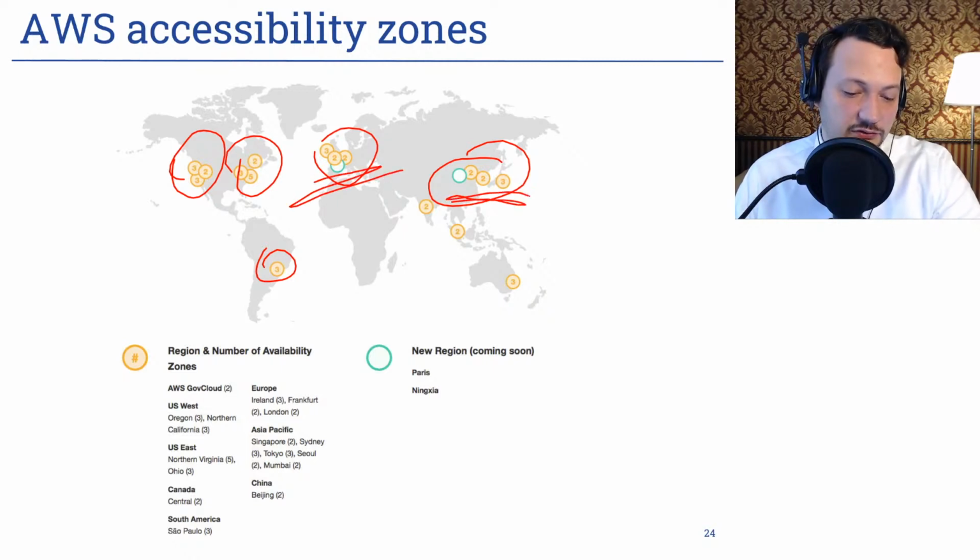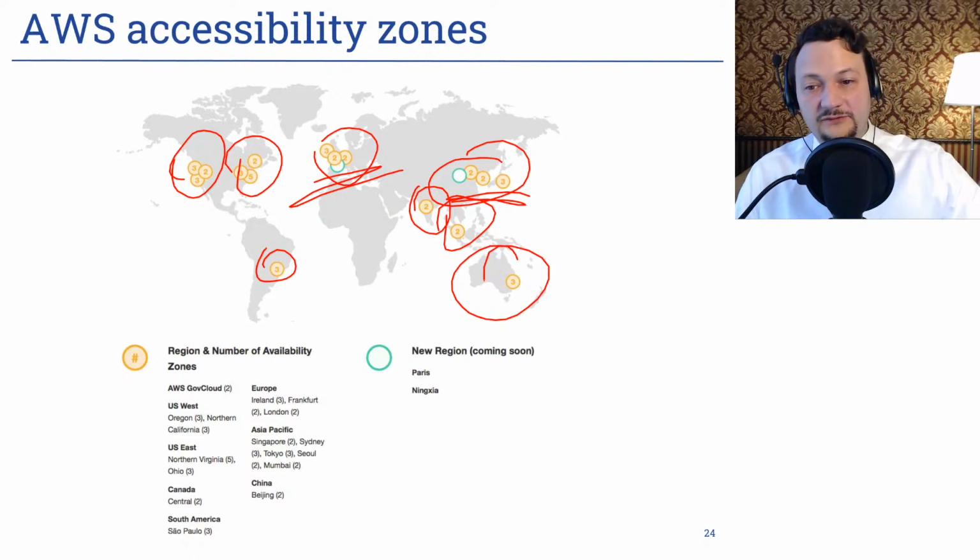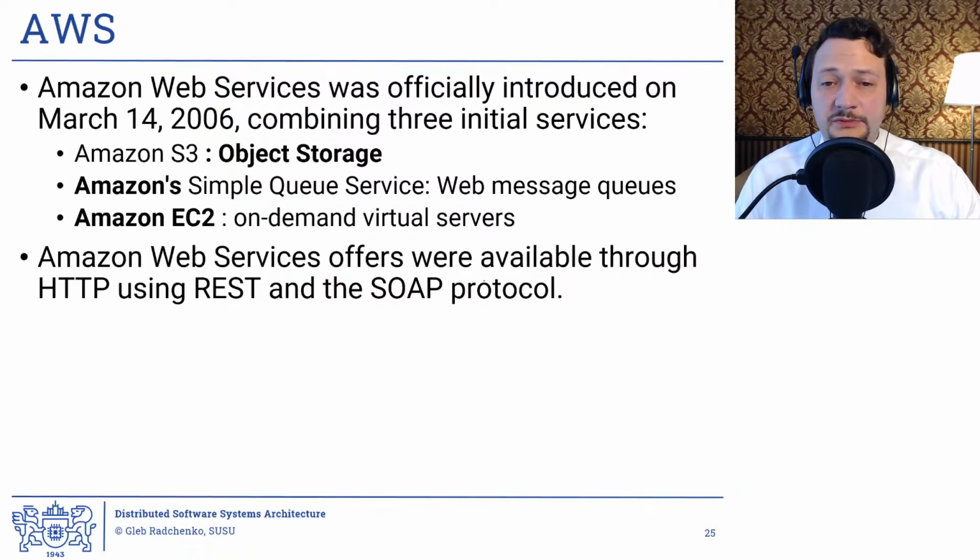They have great coverage in Asia, in China and Japan, in the most populated areas of India, in Singapore, and in Australia. And they are developing more availability zones from year to year to be closer to the customers of cloud computing resources.